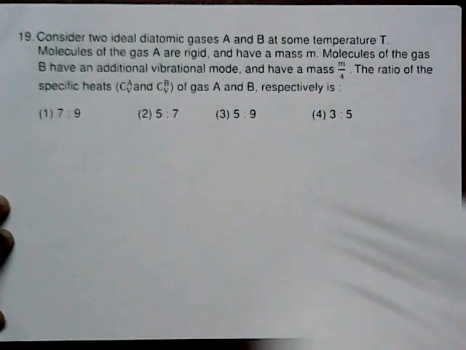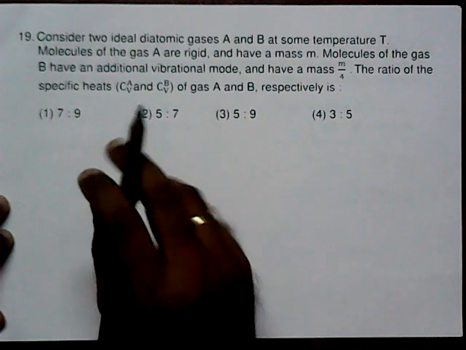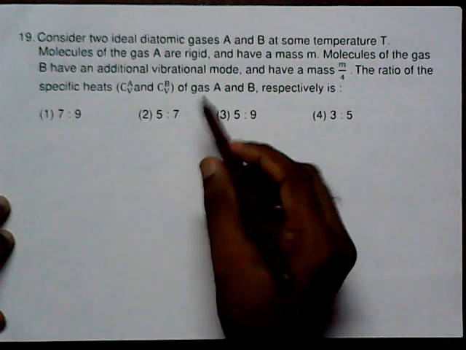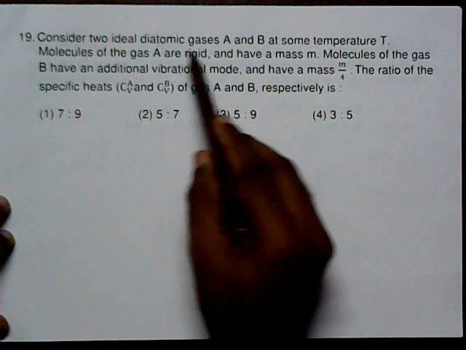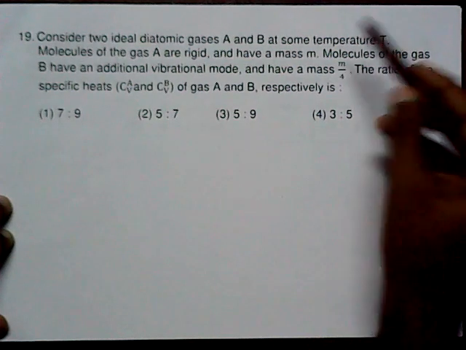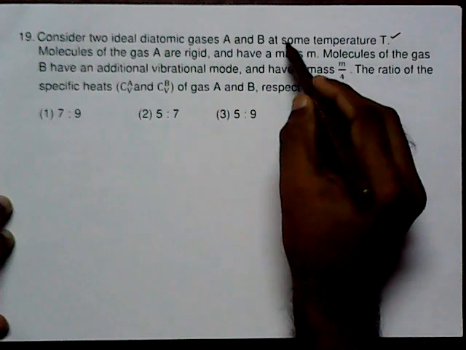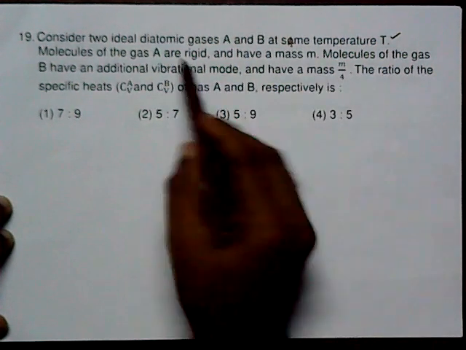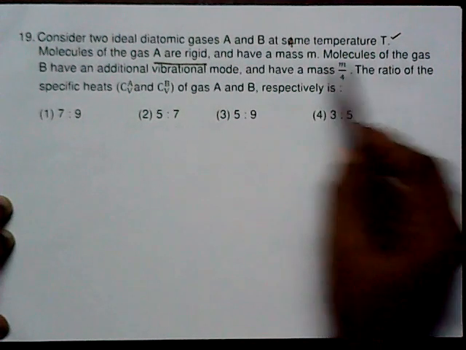Number 19. Consider two ideal diatomic gases A and B at the same temperature T. The molecules of gas A are rigid and have mass m.